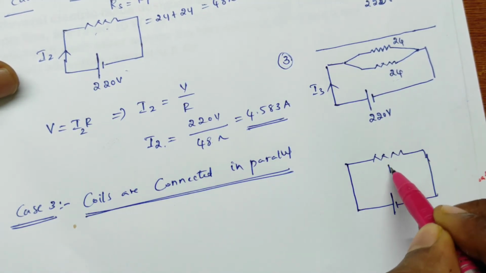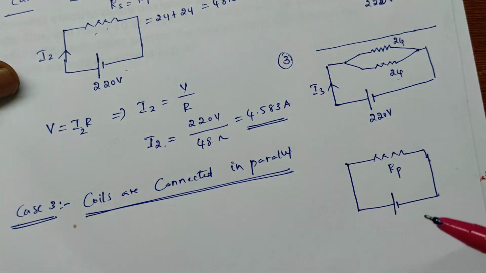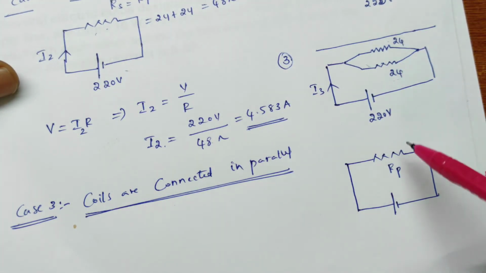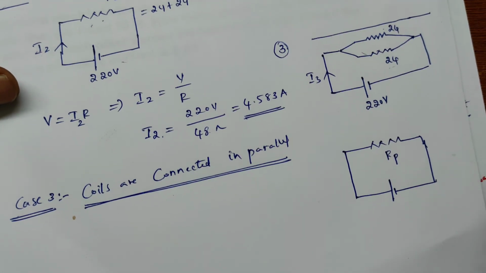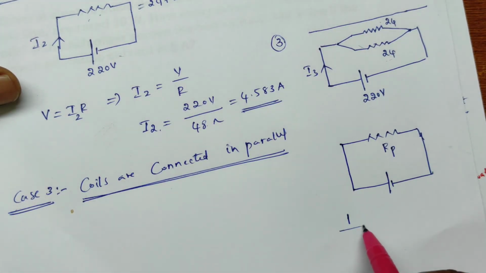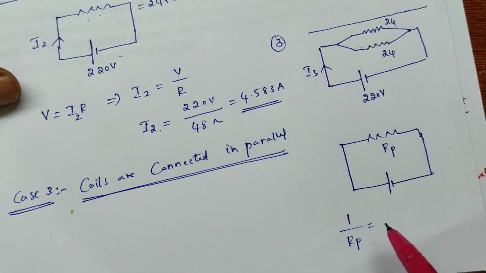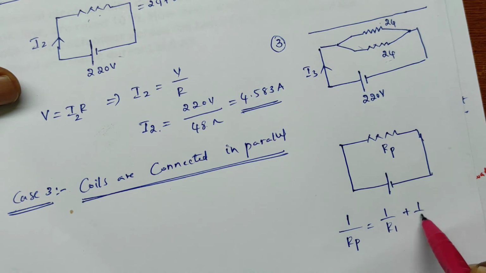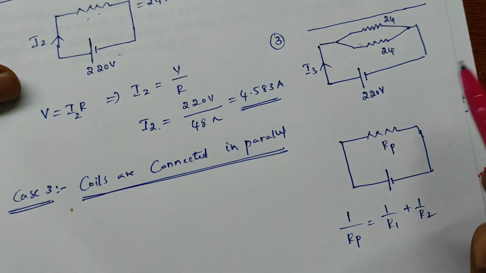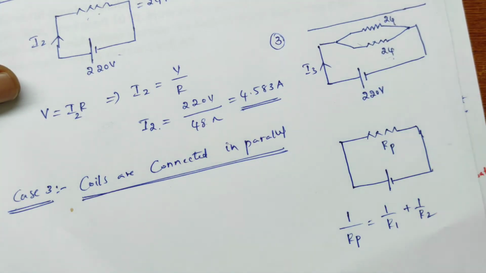This is the equivalent resistance in parallel. That means instead of these two resistances, I can use this one resistance. How to find this resistance? We have a formula: 1 by R parallel is equal to 1 by R1 plus 1 by R2. Here R1 is 24 and R2 is also 24.